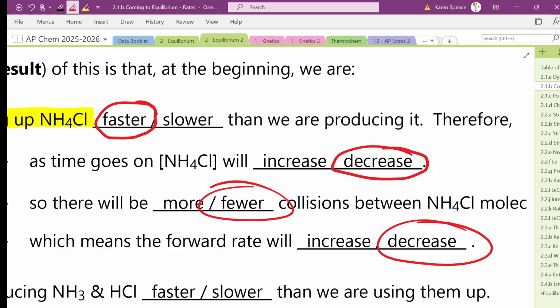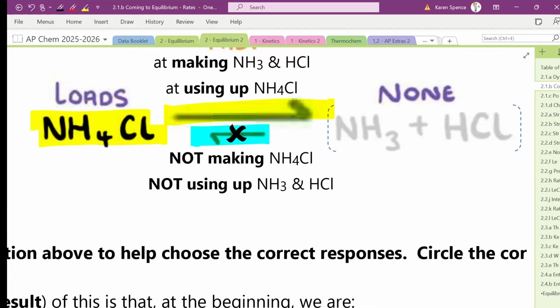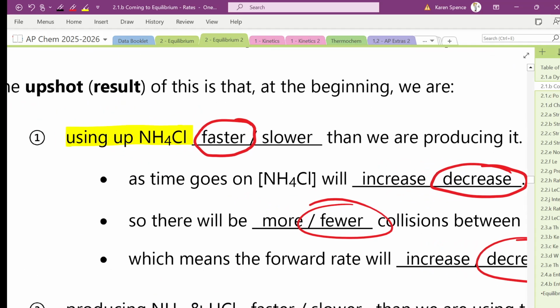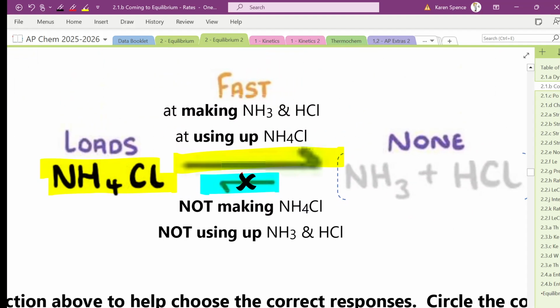Our reverse rate. Are we producing NH3 and HCl faster or slower than we are using them up? What does the question say? It says we are producing them. Are we producing them faster or slower?